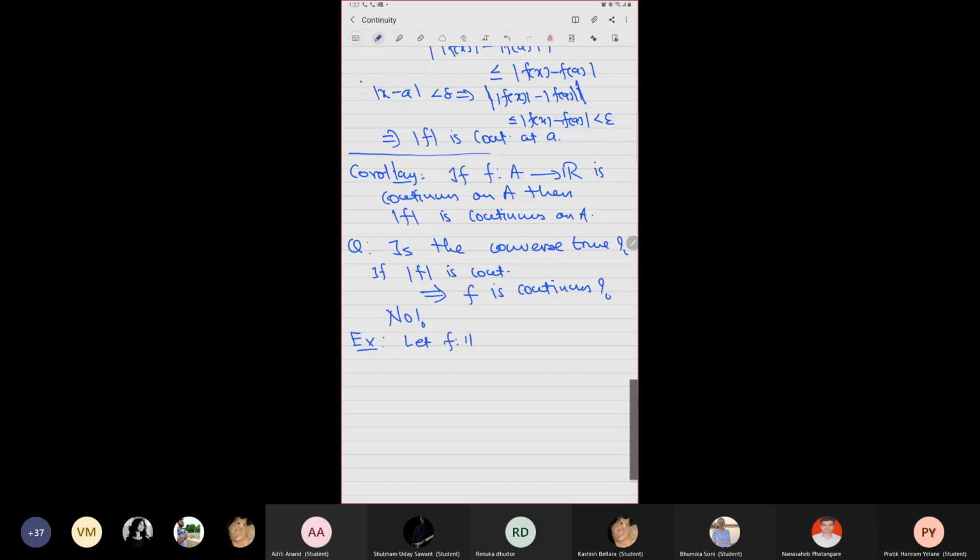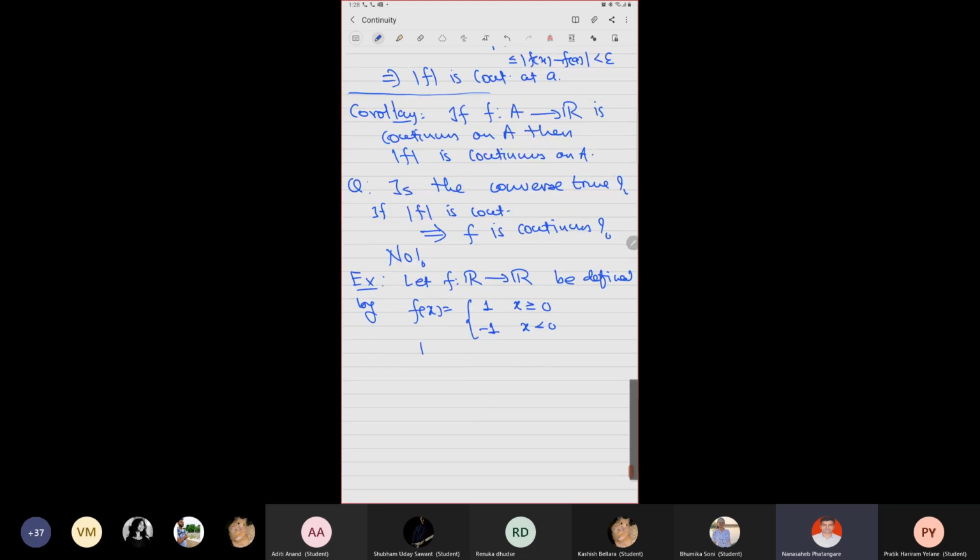Let us define a function from R to R. f(x) is 1 if x is greater than or equal to 0, and minus 1 if x is less than 0. Can you sketch the graph of this function? Is it defined everywhere on R? Yes, sir. Right. If x is greater than or equal to 0, the function is 1, and if x is less than 0, it is minus 1. So this is the graph of f.